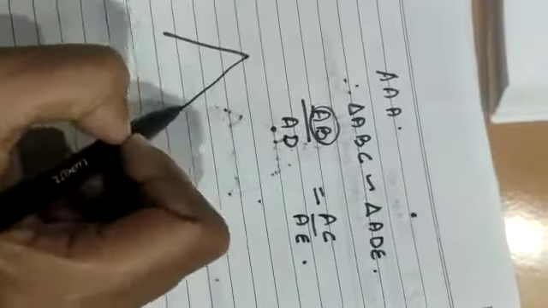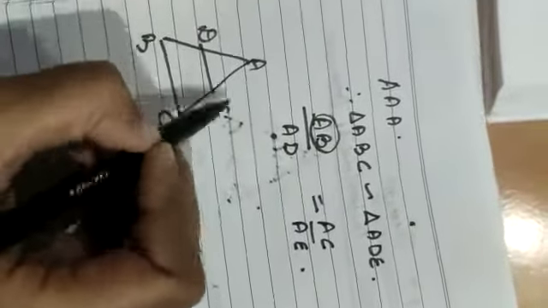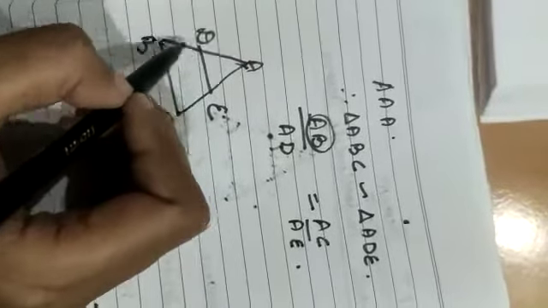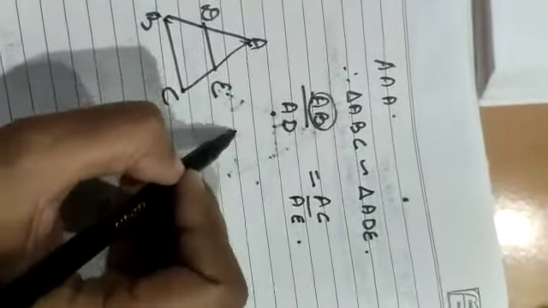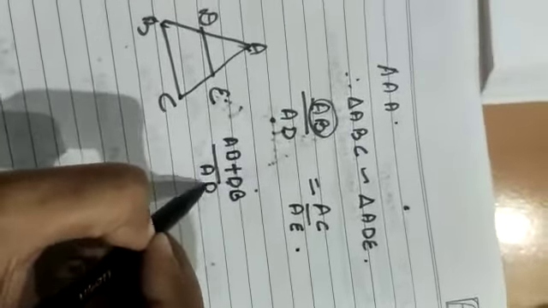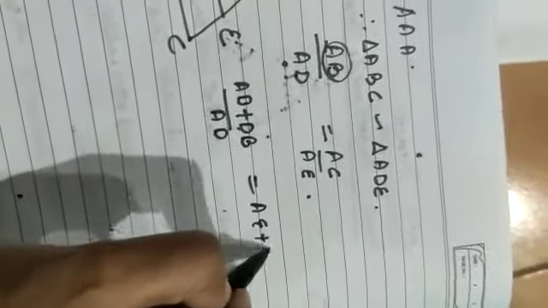Look, now how will you get AB from this triangle ABC, D and E? We will get AB as AD plus DB. So instead of AB we will write AD plus DB. Here instead of AC you will write AE plus EC.